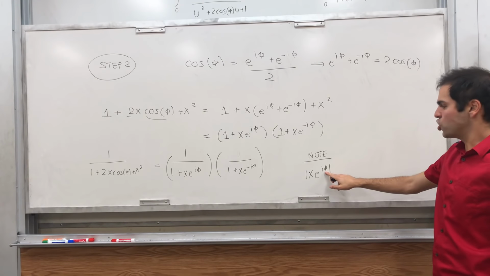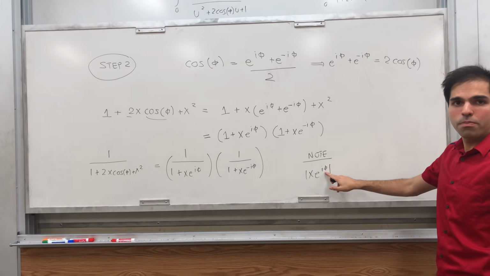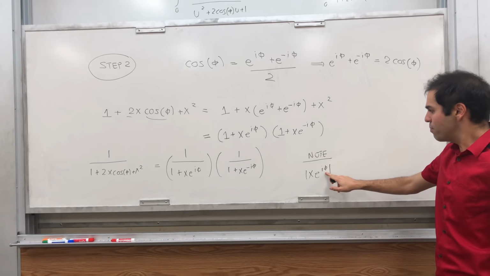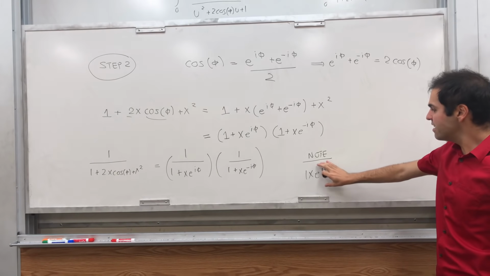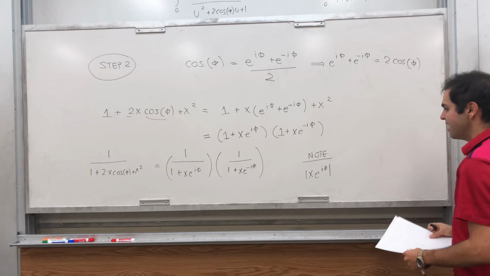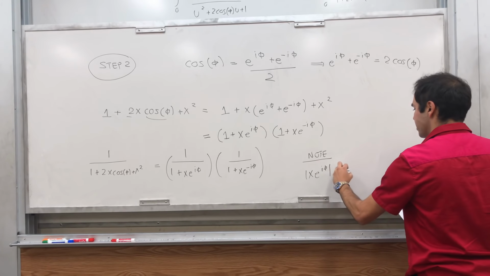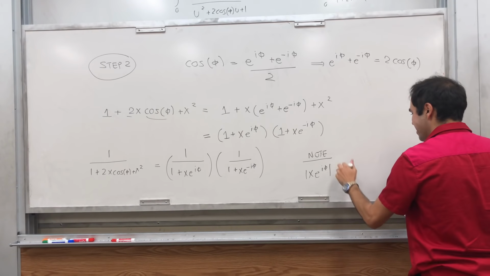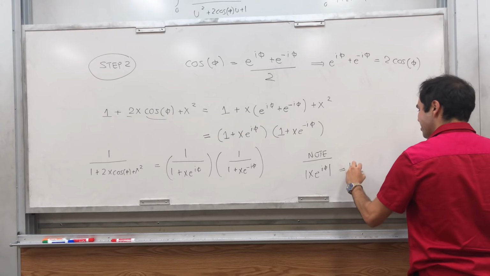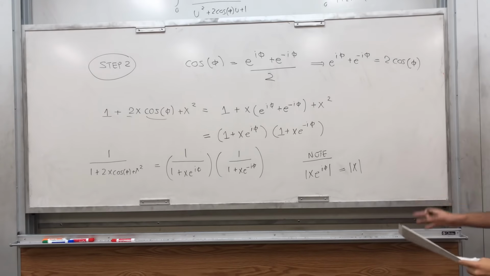Because we did not choose phi to be plus or minus pi, this is actually less or equal, or equal actually, sorry, that equals the absolute value of x.